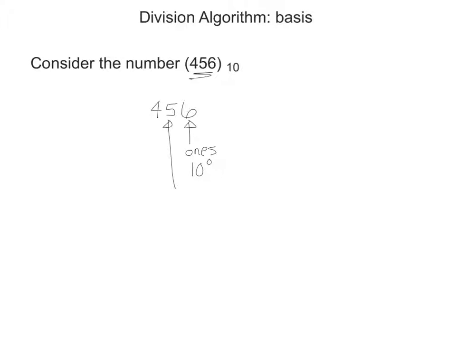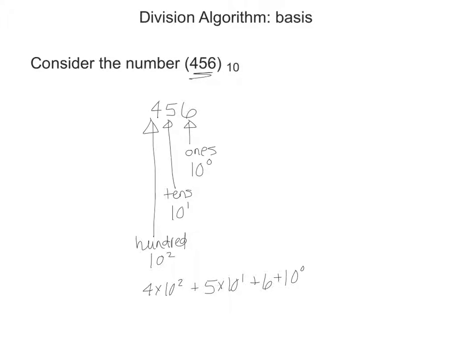The second from the right is our tens digit, which is 10 to the 1. And our last one here is our hundreds, which is 10 squared. So essentially what we have is 4 times 10 squared plus 5 times 10 to the 1 plus 6 times 10 to the 0. And that's how we get the 456.